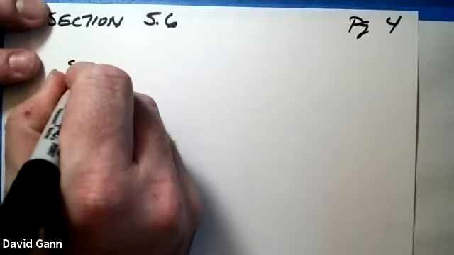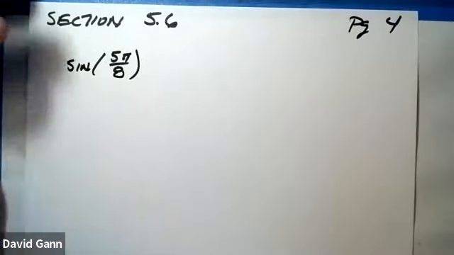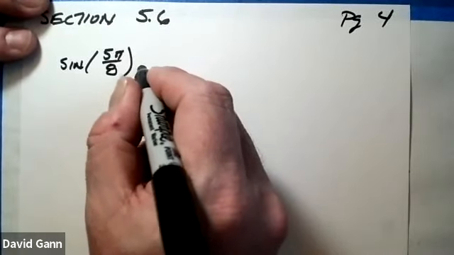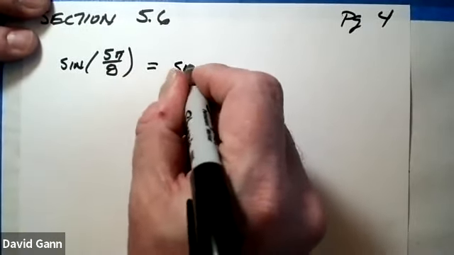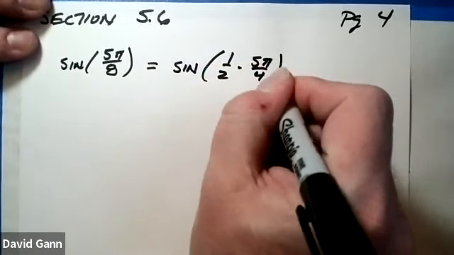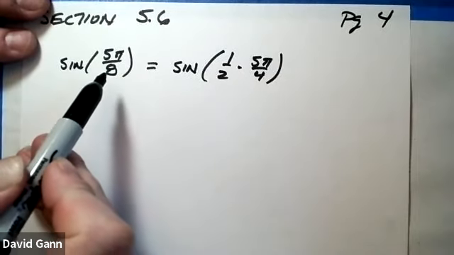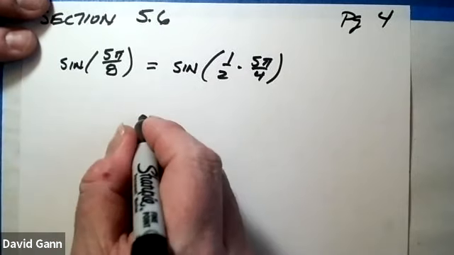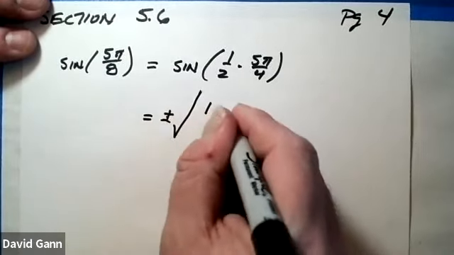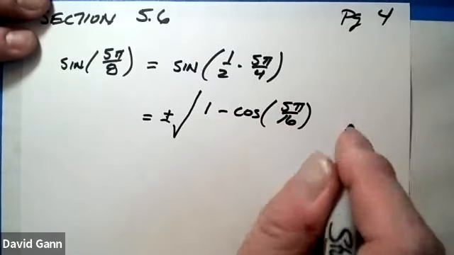Remember, we had sine of 5 pi over 8. Now this is what people will do, which is just weird. They will not take this step, because I guess for some reason it's unnatural. This is the step that people don't do, and then for whatever reason they go another route and they say that this is equal to plus or minus the square root of 1 minus cosine of 5 pi over 16, right?